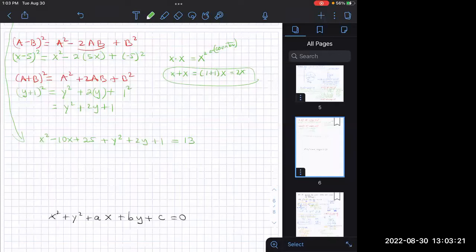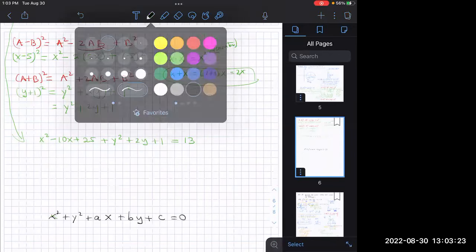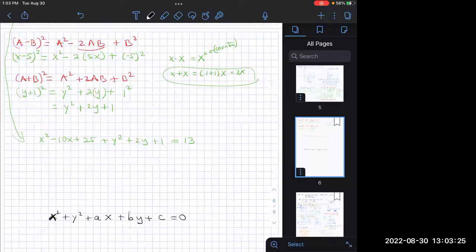Okay, so what do I do next? x squared plus y squared minus 10x, yes, because the 10 is negative, plus 2y plus 26 equals 13.